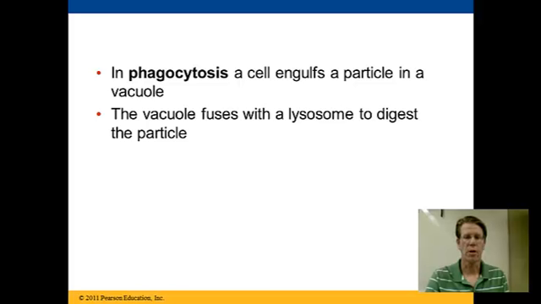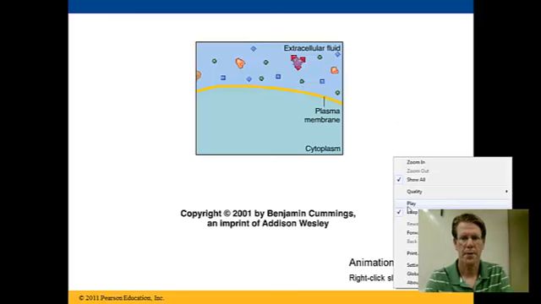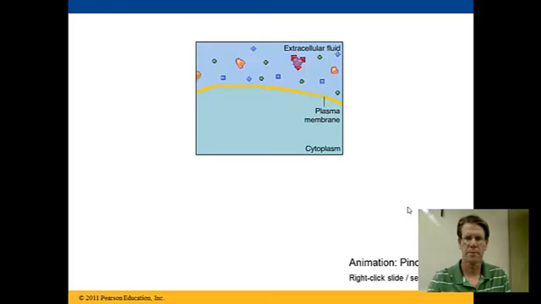And so if you're a white blood cell, let's say you come across a bacterial cell in the body that you want to get rid of, you're going to create a vacuole around it, and then you're going to bring a bunch of lysosomes to that vacuole, dumping their enzymes into it, thus breaking that material down. Here's pinocytosis.